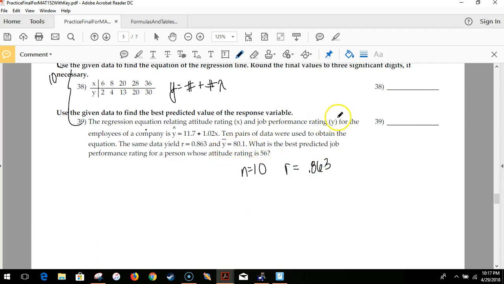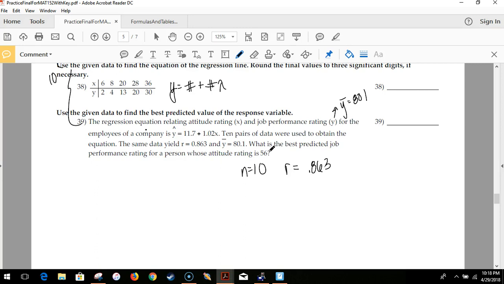And by the way, Y bar, the mean job performance rating for those 10 people, was 80.1.